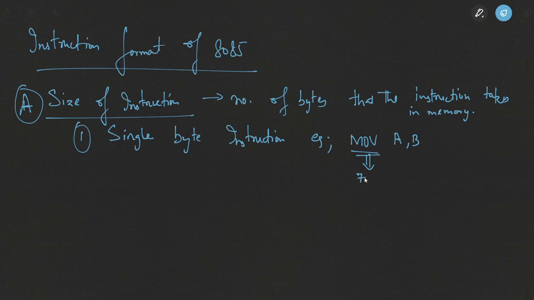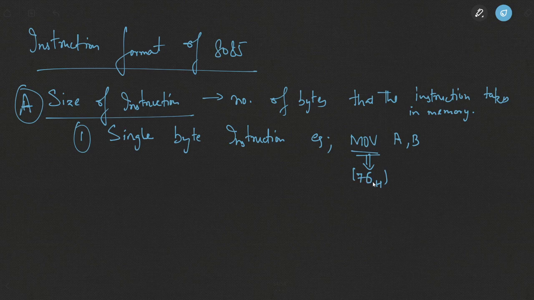Say, just as an example, this is not the exact opcode of the MOV instruction, I am saying 76H is the opcode of MOV. 76H basically refers to 8 bits of binary number.